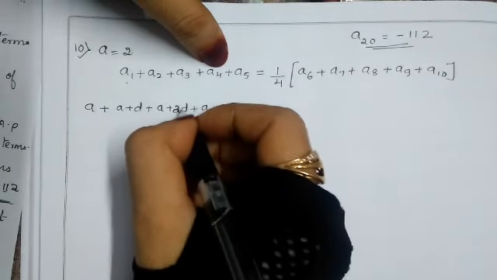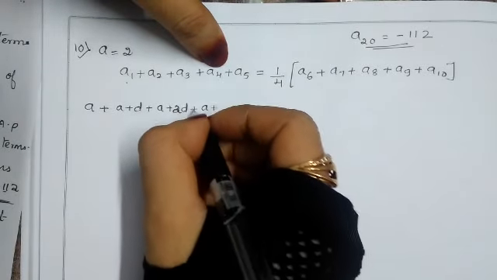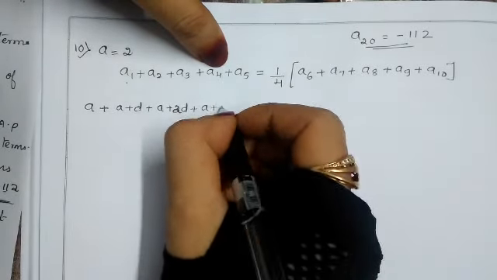A1 is A, A2 is A plus D, A3 is A plus 2D, A4 is A plus 3D, and A5 is A plus 4D.